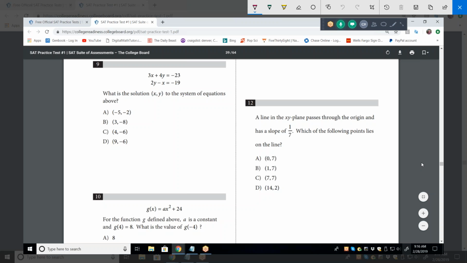I like to think that when it's in standard format, elimination is always the easier method. Okay. So it's almost in standard format.